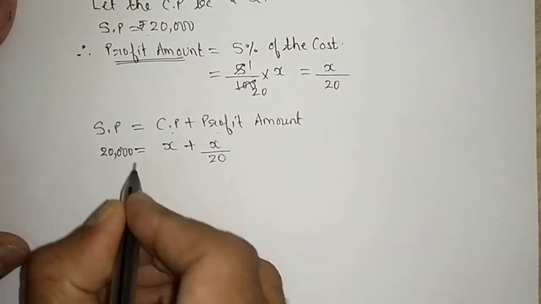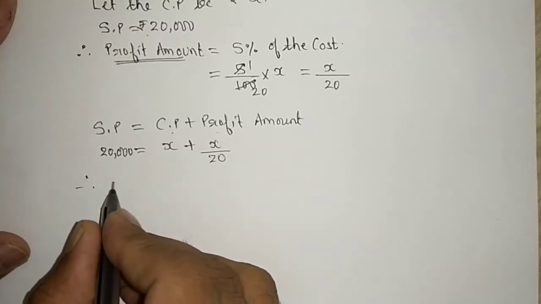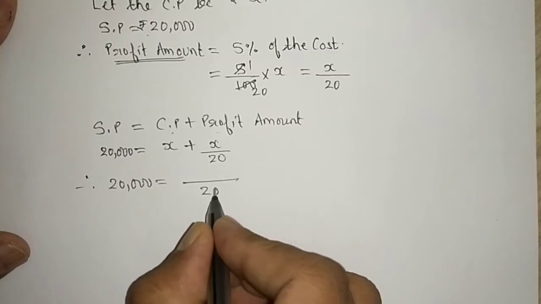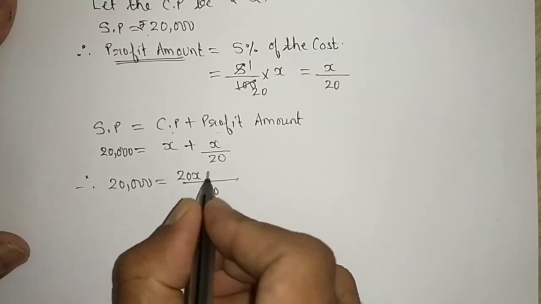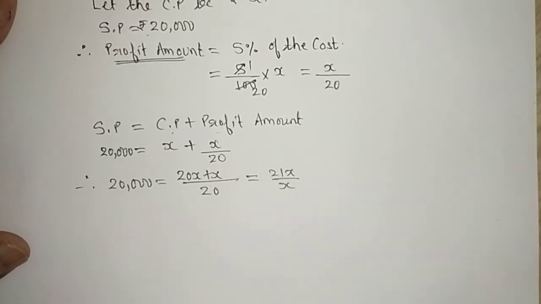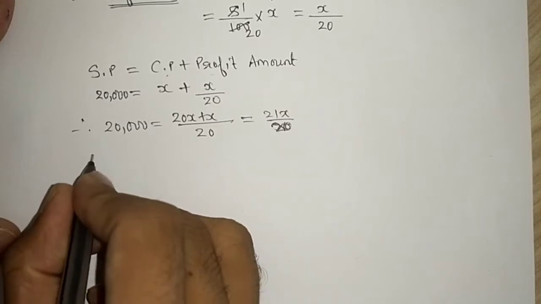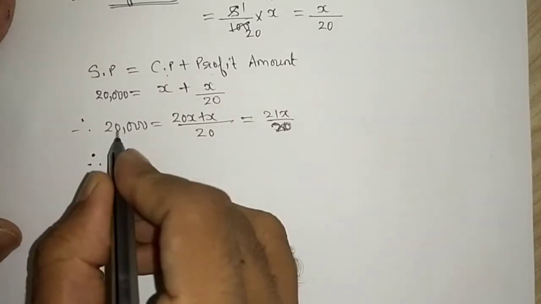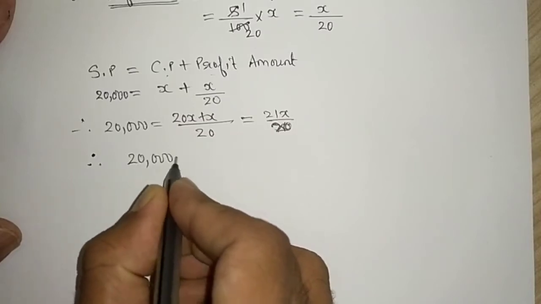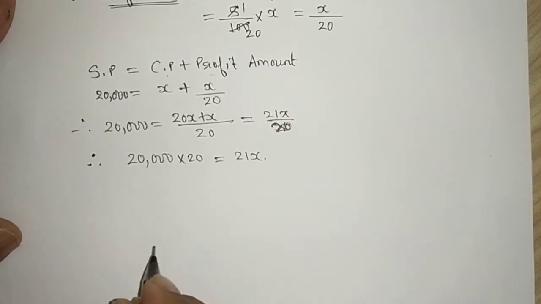So we will put the values and solve for X. With 20 as the LCM, we will get 20x plus x, which will give us 21x divided by 20. Therefore this 20 will be multiplied over here, so we will get 20,000 into 20 is equal to 21x.